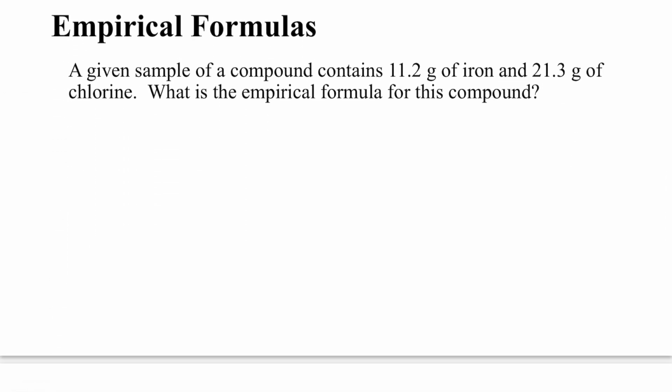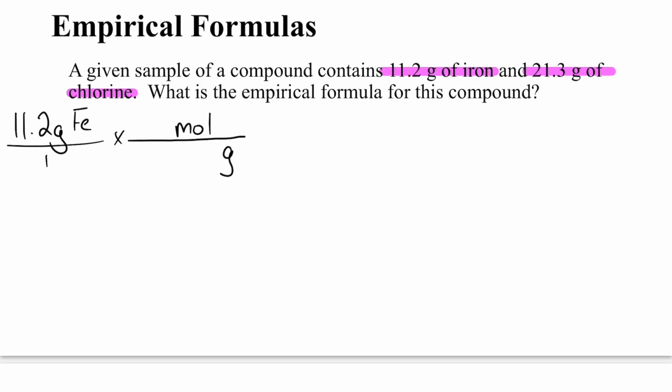So again, first off, we've got 11.2 grams of iron and 21.3 grams of chlorine. My first step for each of these is going to be to convert from grams to moles. So I'll do iron first. 11.2 grams of iron. We want moles. We have mass.